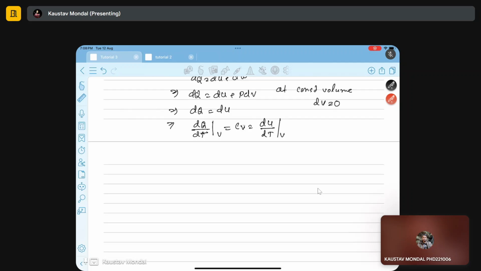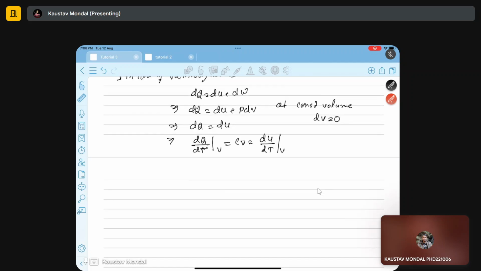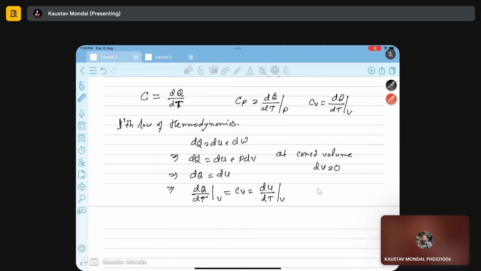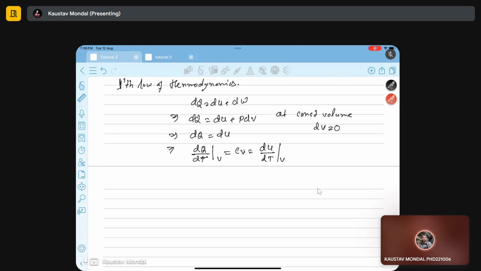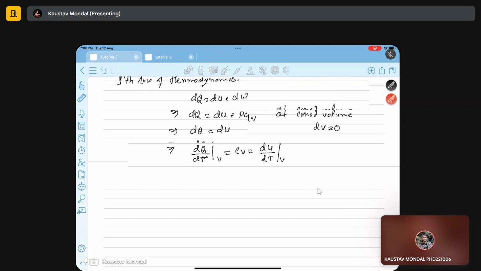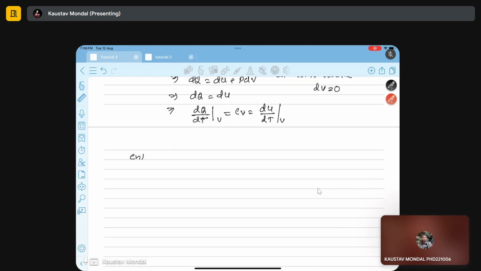In a similar way, you can write the expression of Cp in a different way. For that we need the expression of the enthalpy. We know the enthalpy, you already knew this term, right?